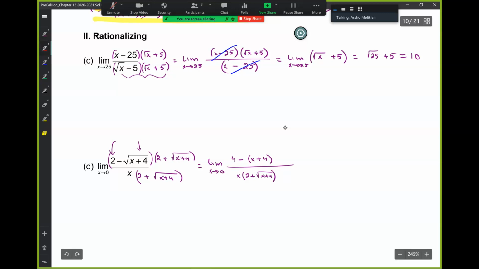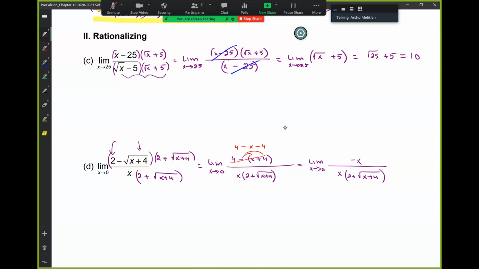Let me condense here. What do we get when you distribute? 4 minus x minus 4, and then the 4's go away. So somebody tell me, what do we have left on top? Negative x over x times 2 plus root x plus 4.